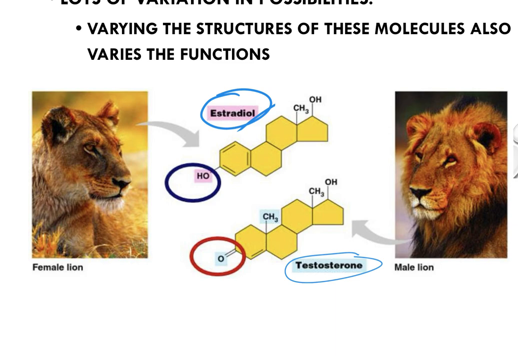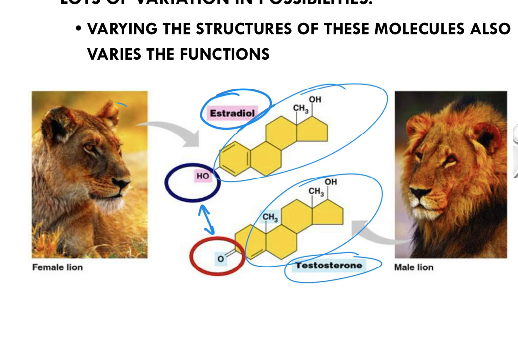But take note that most of the molecule is exactly the same. The one difference that determines more female features compared to male features is that this is a double bond O, oxygen, and this one is just a single bond OH, or a hydroxyl. But the missing of that hydrogen atom is enough to cause the cells to form differently.